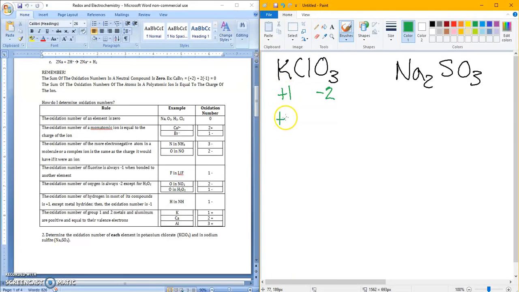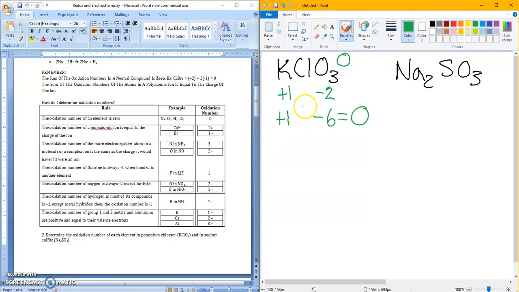So potassium is a +1. Then there are 3 oxygens, so that's 3 times -2, which is -6. So the total charge of all of my oxygens together is -6. And I see that this molecule has no charge. It has a 0 charge, which means all of my charges have to equal 0.